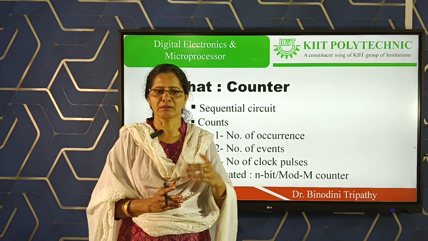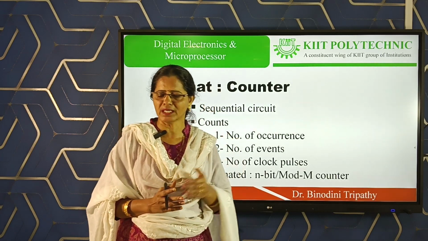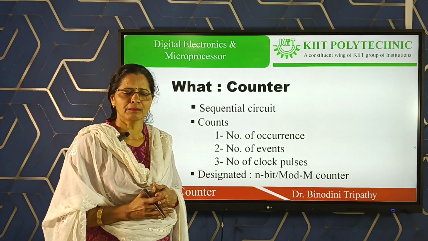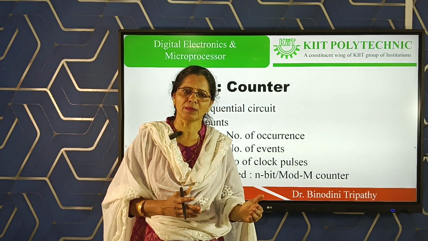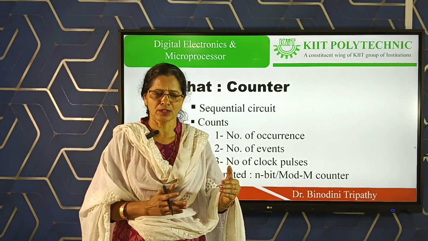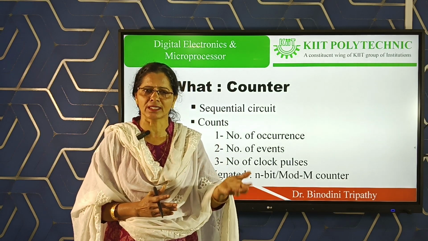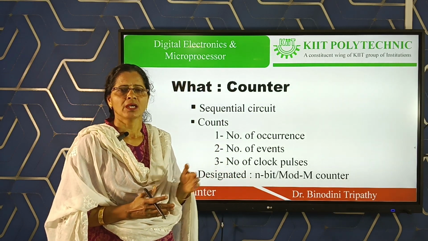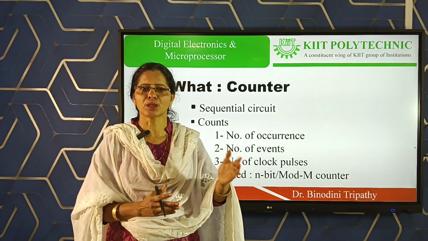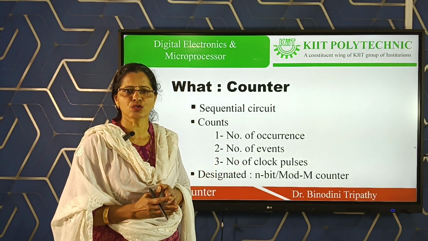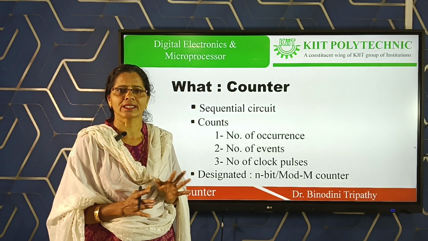Basically its major meaning is that it can be used for counting the number of occurrences of an event, meaning how many times that event is happening, or the number of sequences of an event, or the number of clock pulses in a clock source or signal source.